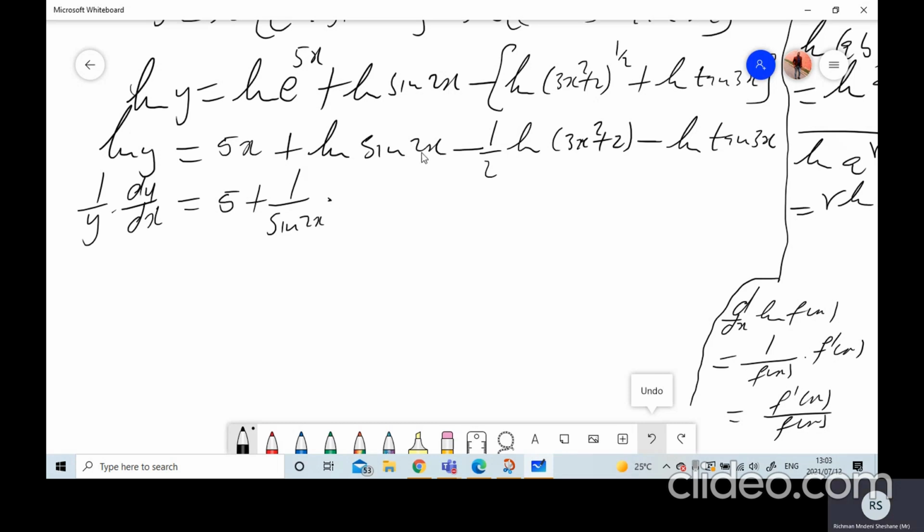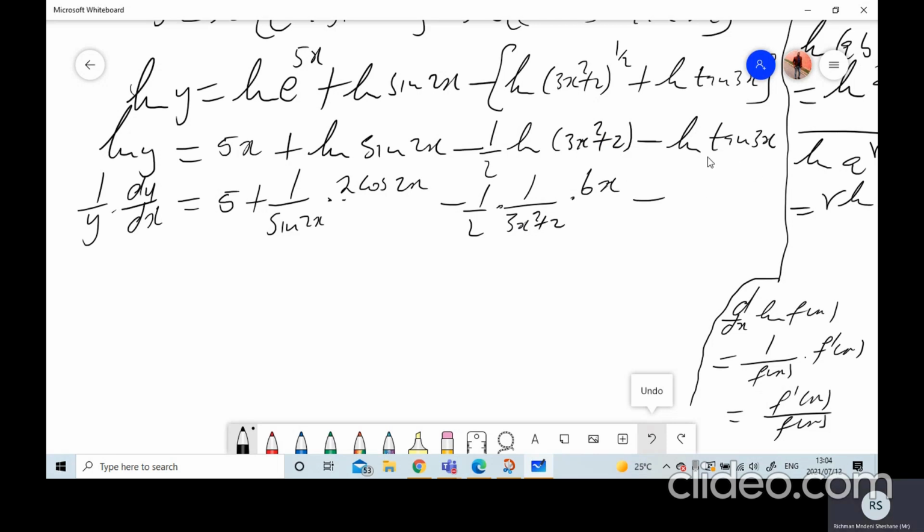So the derivative of sine of a function is going to be 2 cos of 2x. Minus half times the derivative of a ln of a function. The derivative of a ln of a function is 1 over that function, in this case 3x squared plus 2, times a derivative of the inner function, which is 6x.